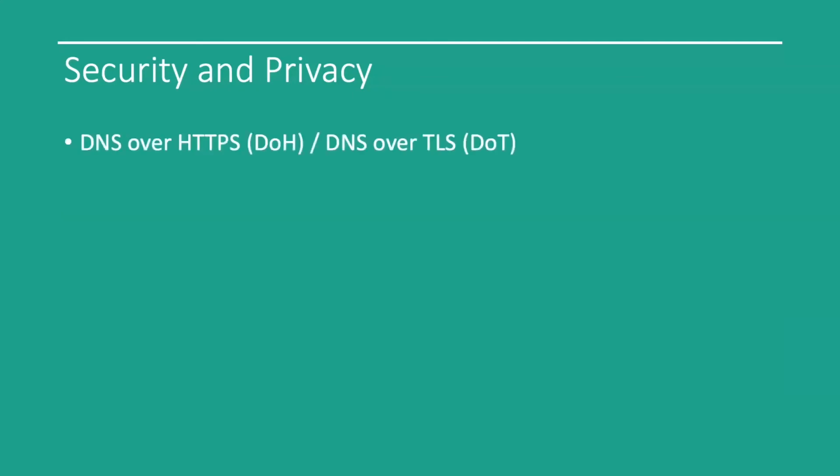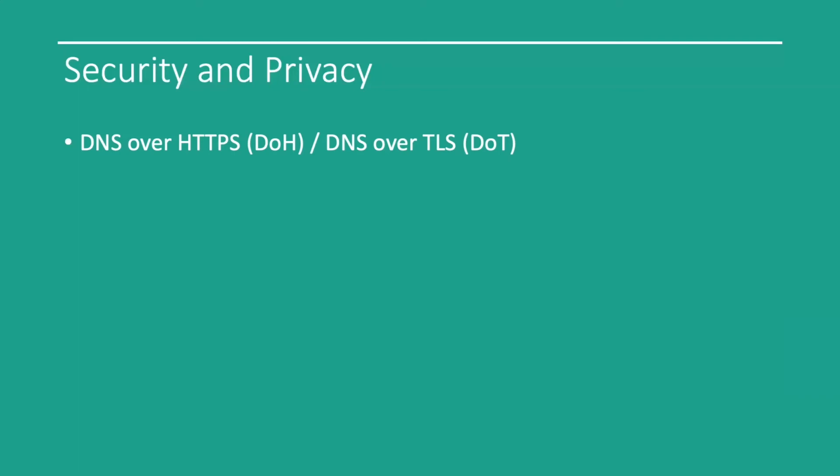What is useful for security and privacy, specifically with DNS, is DNS over HTTPS, also known as DOH, and DNS over TLS, also known as DOT. Now, those are pretty much two different flavors of the same concept, which is encrypting DNS queries themselves so that attackers aren't able to see what websites you're trying to reach.